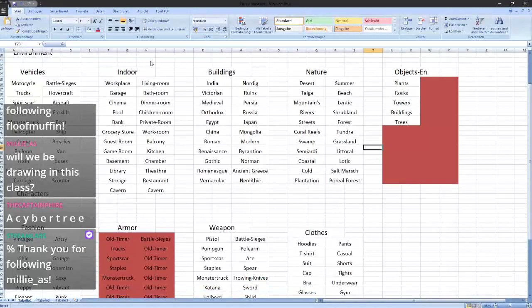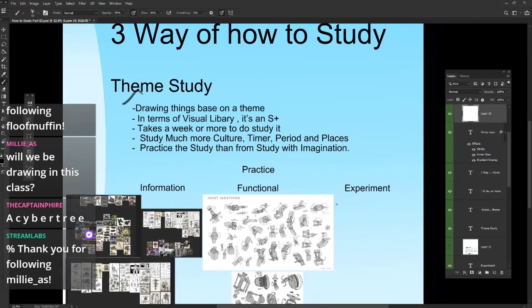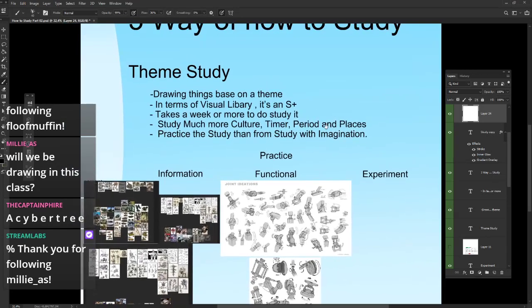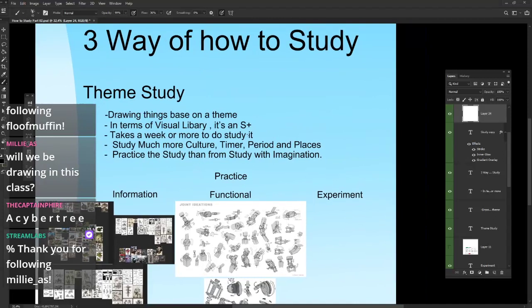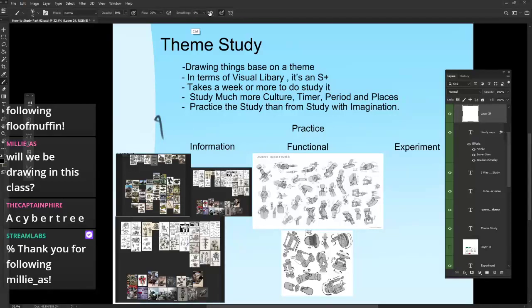As I said, I can take one from the list and just straight up study it. With my taste, of course. In terms of visual library, it's an S plus. In terms of notes, if you get a D minus or A plus, it's actually an S plus because you get a lot of information from it, and you need at first to study it.